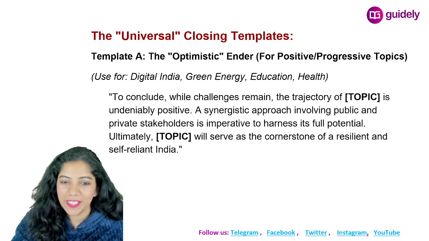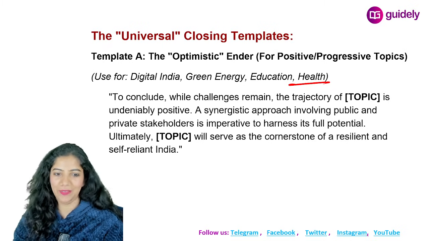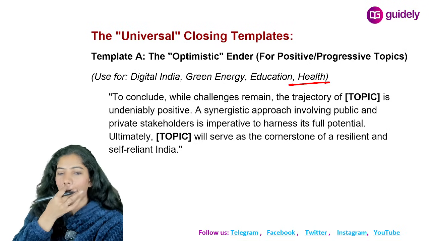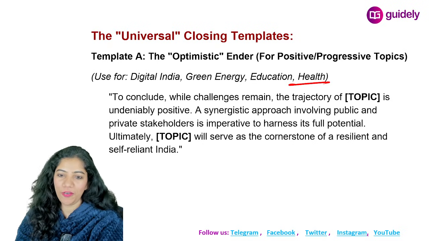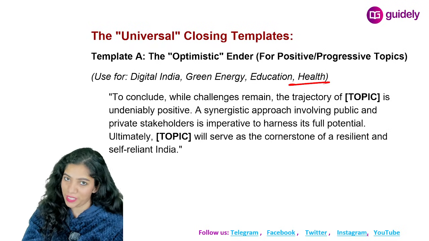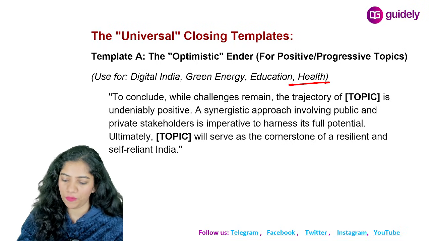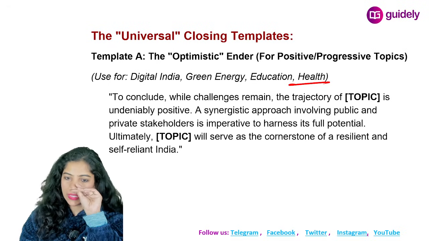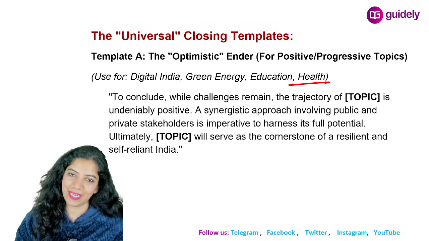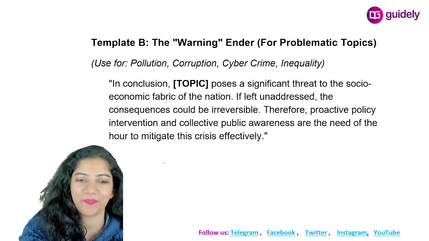To conclude, while challenges remain, the trajectory of any topic like health in India is undeniably positive. A synergetic approach involving public and private stakeholders is imperative to harness its full potential. Ultimately, any service or policy will serve as a cornerstone of a resilient and self-reliant India. You can fit it in every possible way.